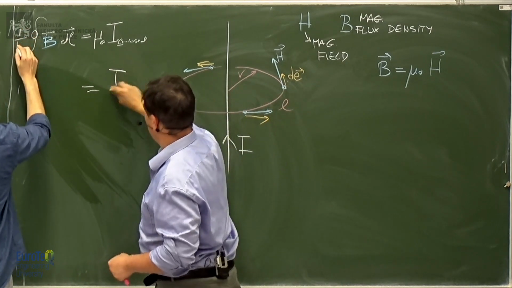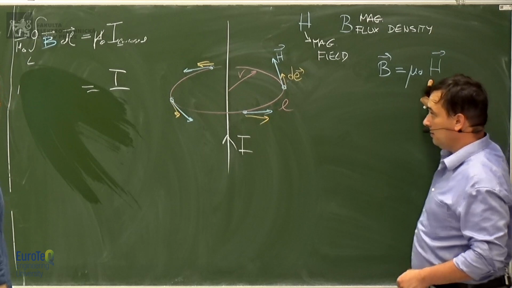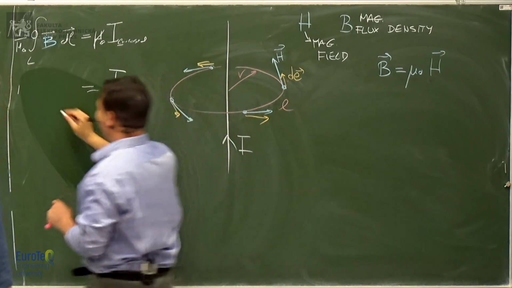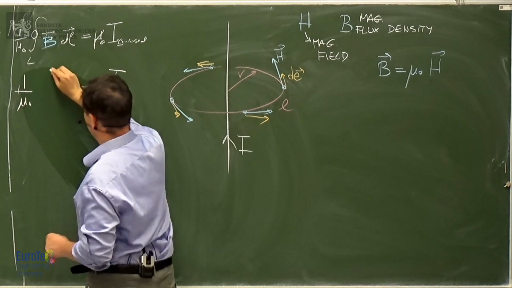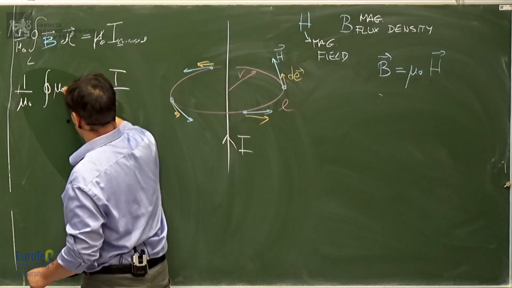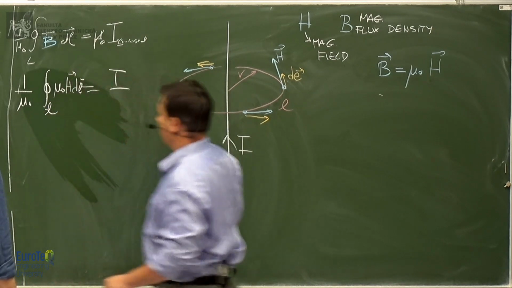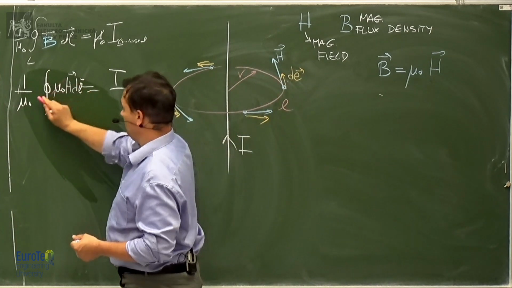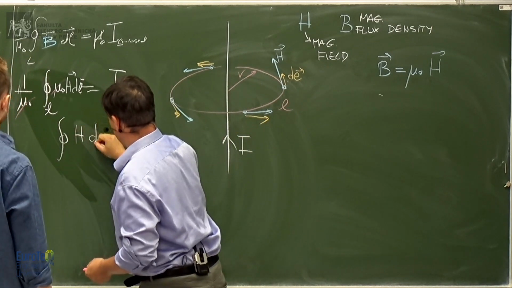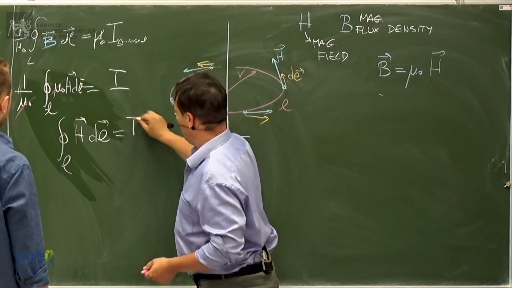But you know that B equals mu 0 H. So let's make all the steps: 1 over mu 0, the line integral of B, which is mu 0 H, over the line L. This mu 0 disappears, and you have the integral of H dl over the line L equal to the current.